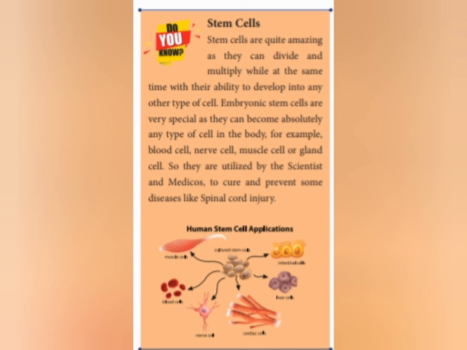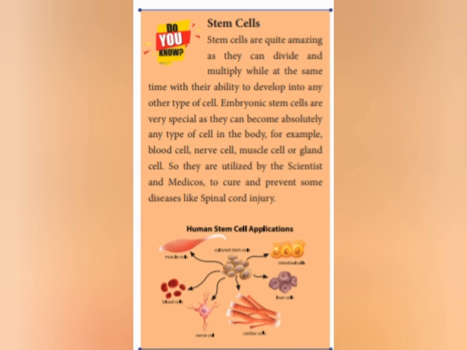At the same time, they have the ability to develop into many other types of cells. Embryonic cells are very special as they can become absolutely any type of cell of the body.